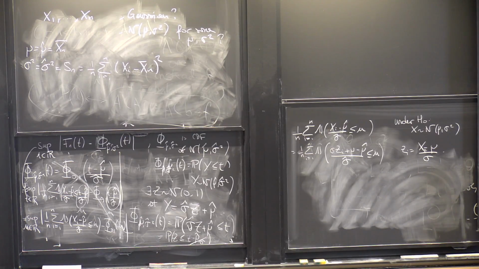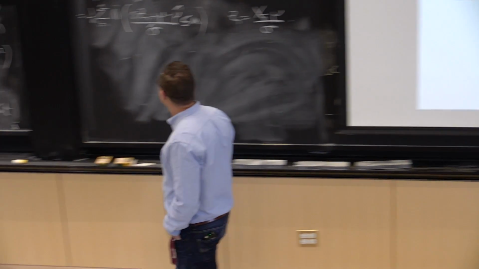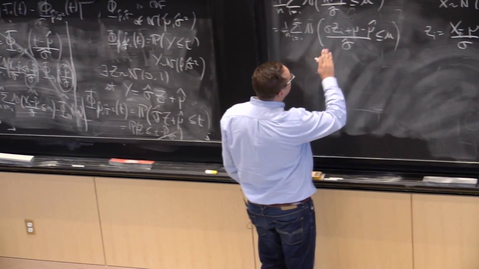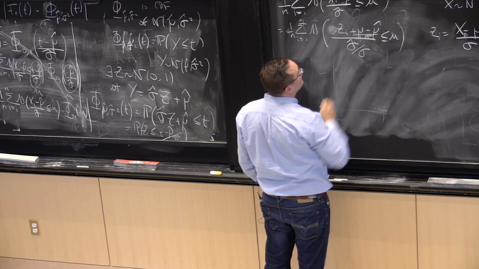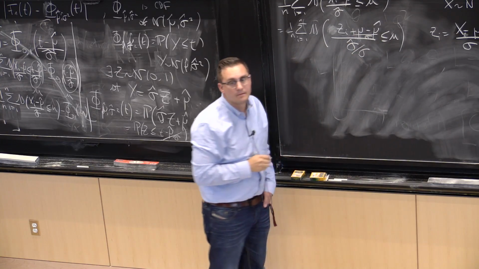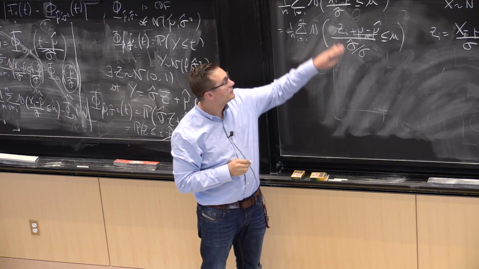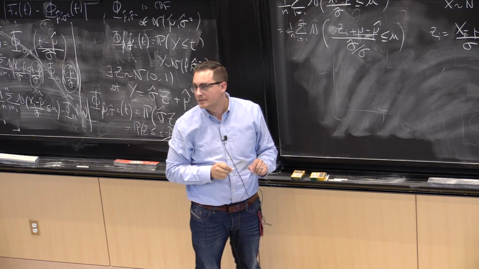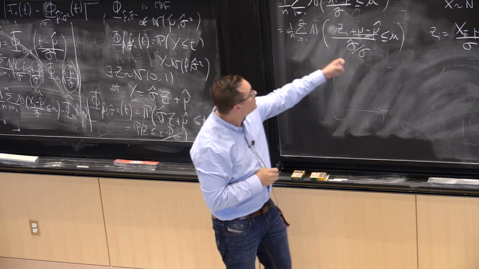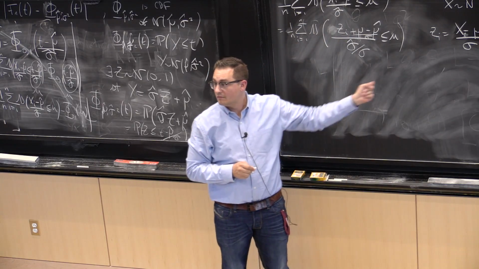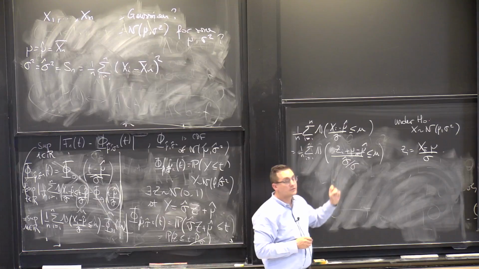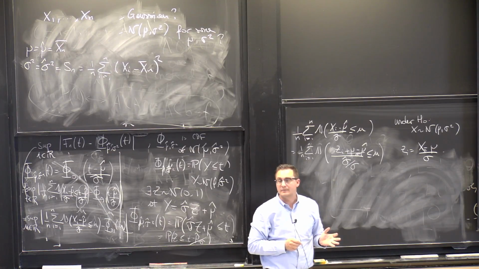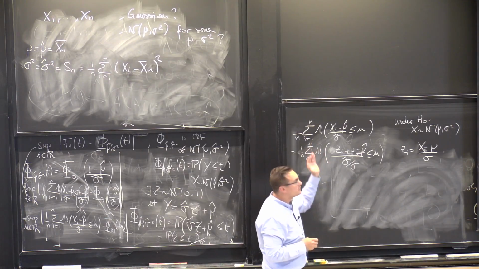Just a standardization. So now once I write this, I can divide everybody by sigma, on top and at the bottom. Now what I need to check is that the distribution of this does not depend on mu or sigma. That's what I claim. What is the distribution of this indicator?